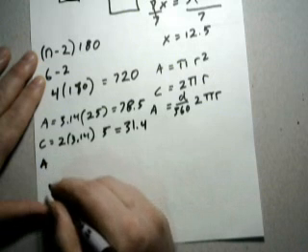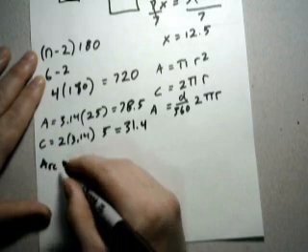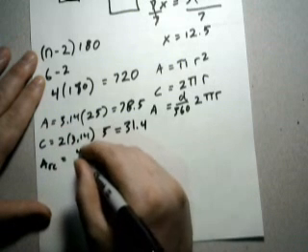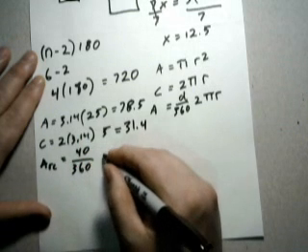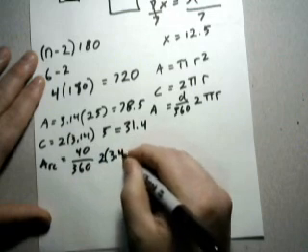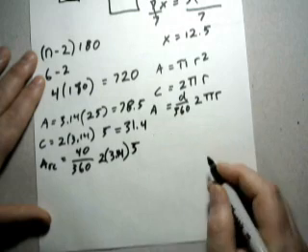Then the arc, I shouldn't just use A, I should just go ahead and say arc. That is equal to, our degrees are 40. And then we multiply that by 2 times pi times r.